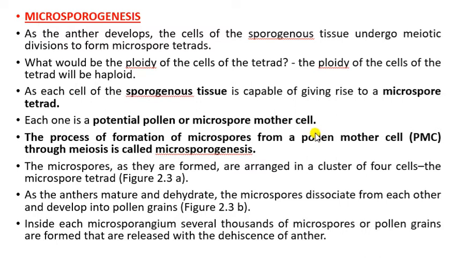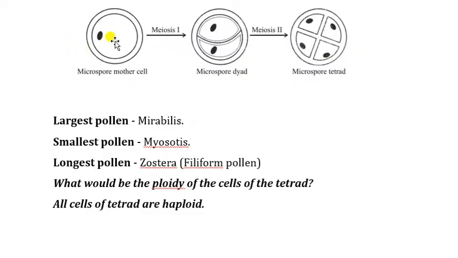This was the diagram we went through: the microspore mother cell undergoes meiosis 1 leading to the formation of a microspore dyad, which further undergoes meiosis 2 leading to the formation of a microspore tetrad. All four cells of the microspore tetrad are haploid in nature.